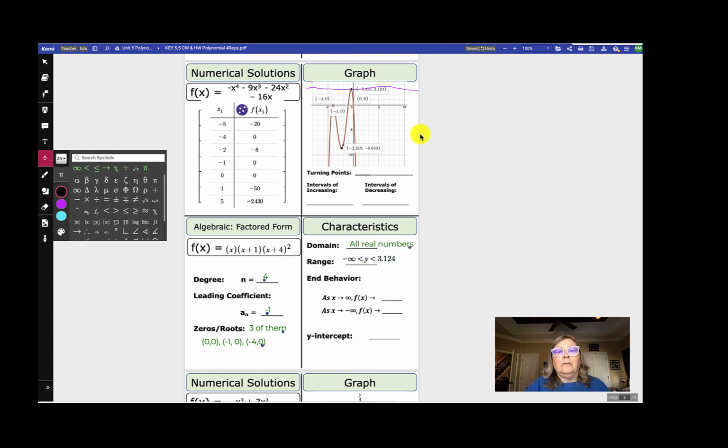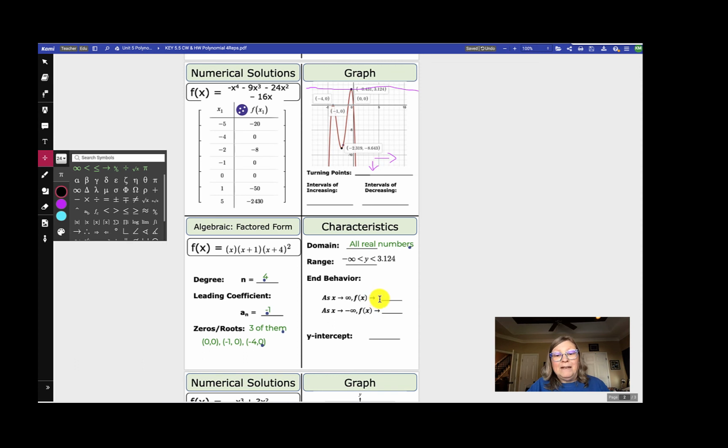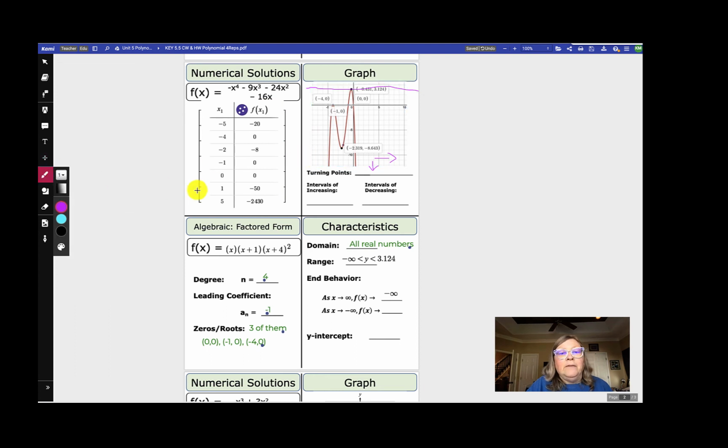End behavior. Well, as we put in bigger and bigger x values, what's happening to the function is it's going down. And so it goes to minus infinity. And the same is true on the other side. As we look with bigger and bigger negative numbers, the function's also going down.